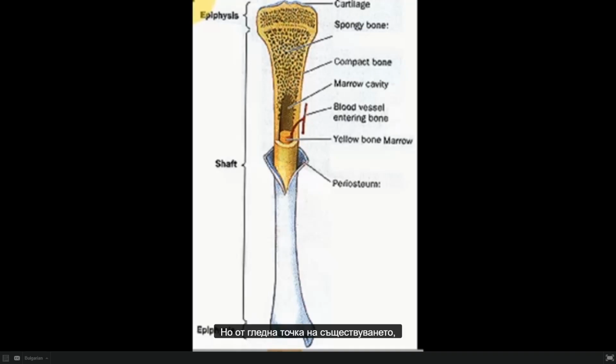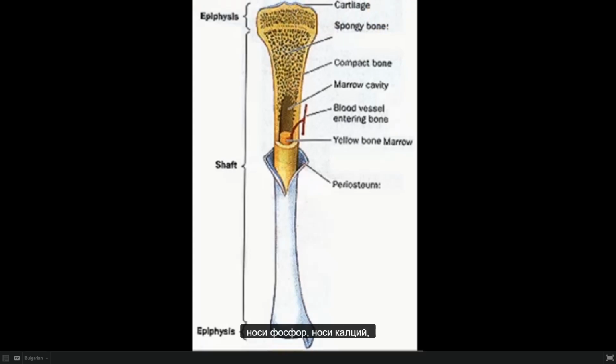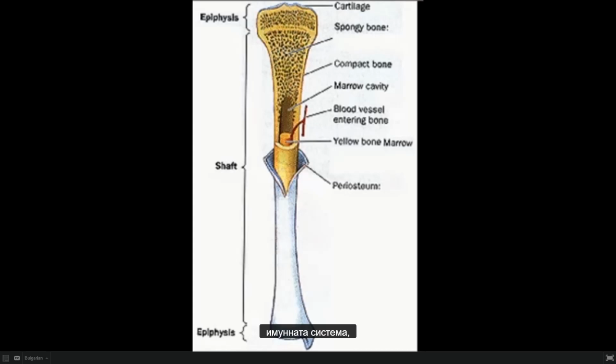But from the real point of existence, a skeleton, especially the way it's built around the movement of the body of the man, is literally the most fundamental part, because it carries the phosphor, it carries the calcium, it carries the immune system, so it can guarantee the reproduction and conversion and adjustment into RNA and the DNA for the next generation.